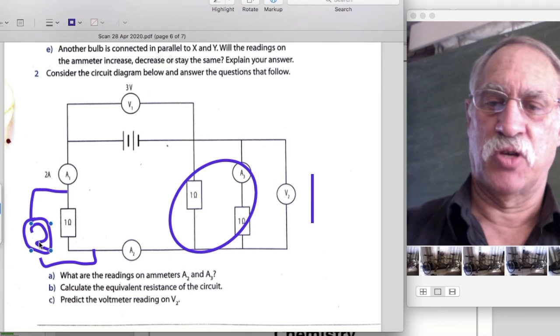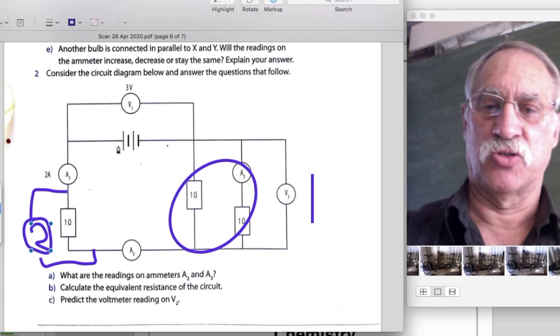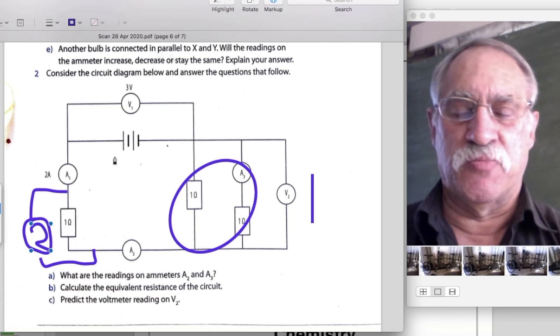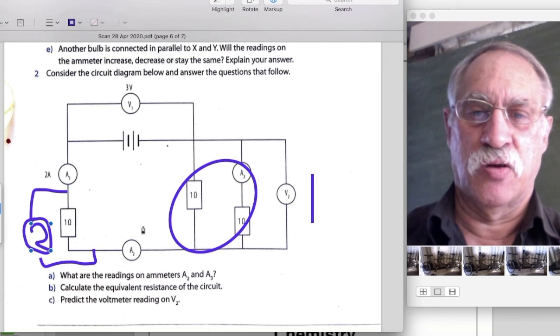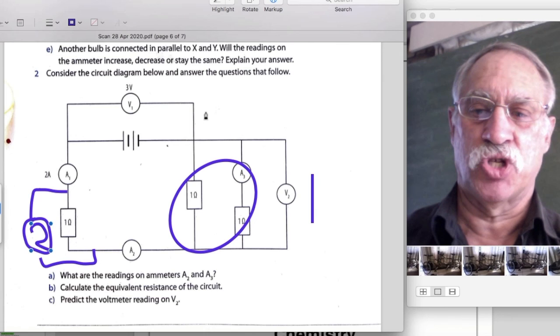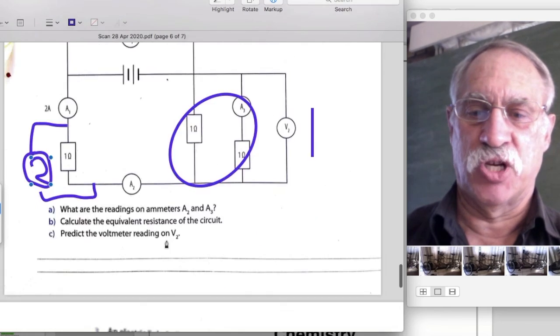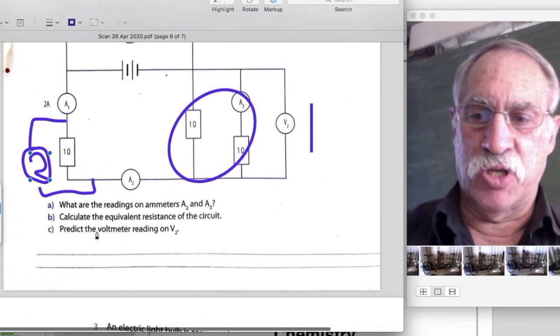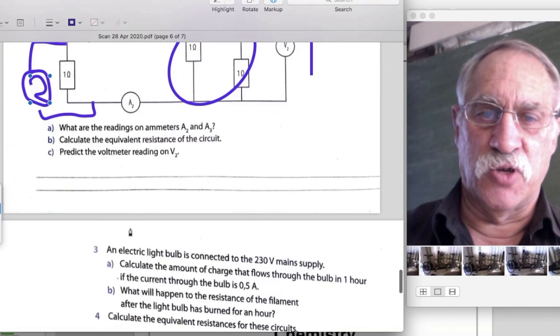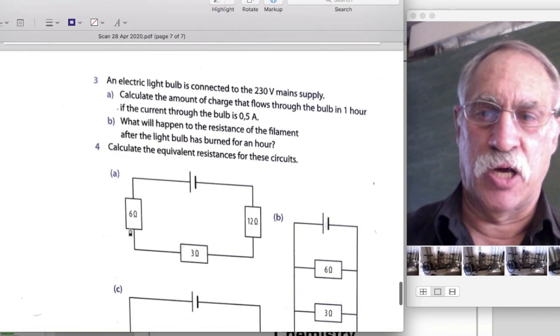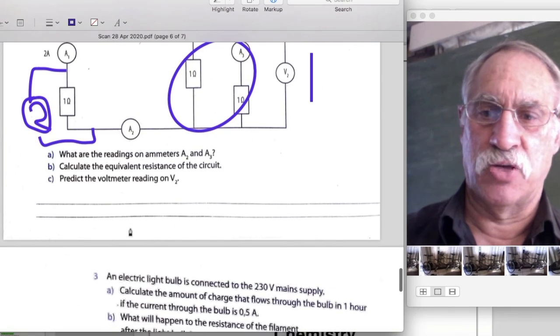And that's going to be 2 plus 1, 3 volts. I'm just working it out by sheer logic here. Half the resistance, half the voltage. And we're dividing 3 by a total of the 1.5 ohms that is going to share the voltage. Predict the voltmeter reading on voltmeter V2. We've done that. Oh, okay. So we've done the problem.